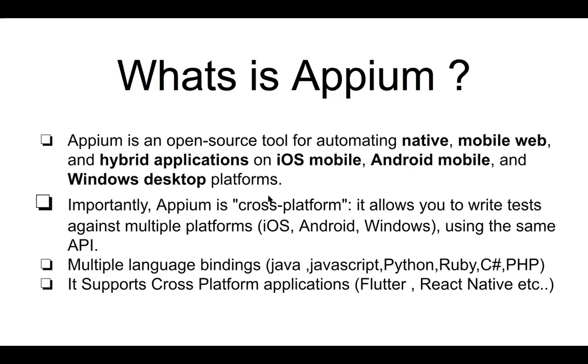And you can also write your own language binding, because this is a kind of REST API and you can create your own, but it's recommended to go with the libraries that are officially released. So I would recommend you go with those, and it supports cross-platform applications as well, like Flutter and React Native.